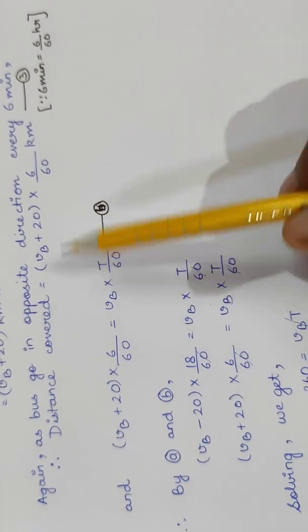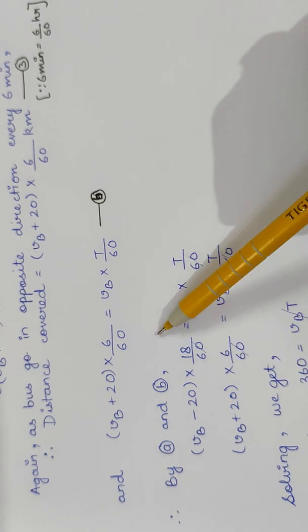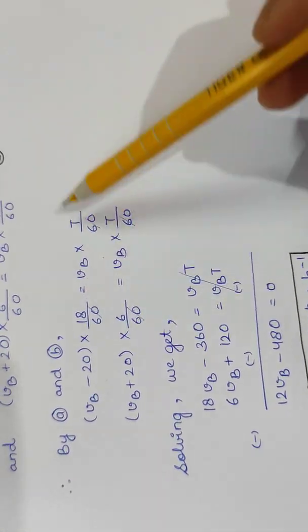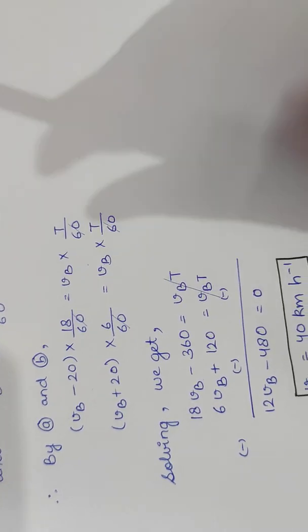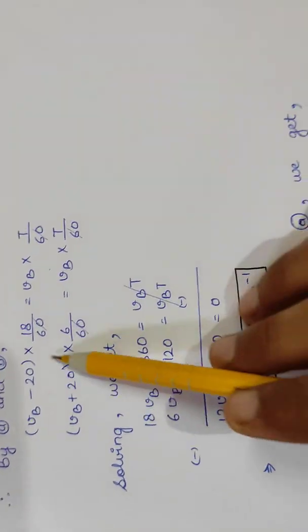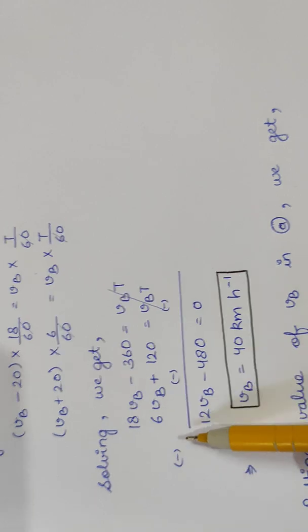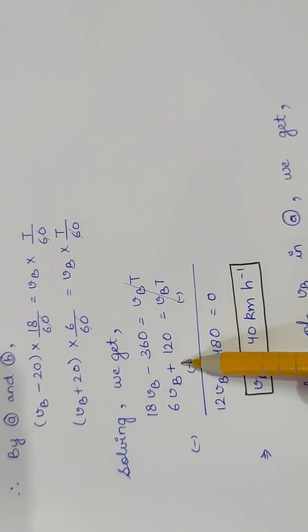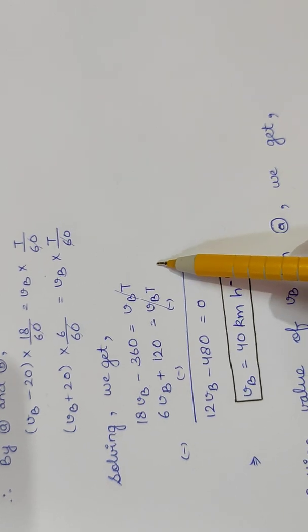Now solving both of these equations, what will we get? The 60 and 60 in the denominators will cancel out, and multiplying inside, we get 18 Vb minus 360 is equal to Vbt, and 6 Vb plus 120 is equal to Vbt.